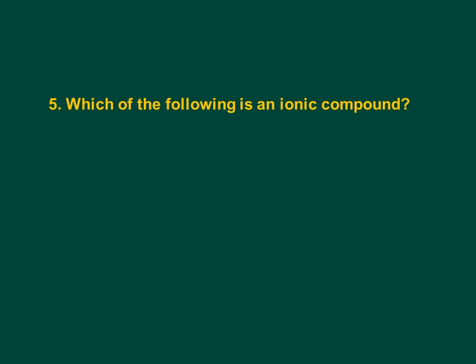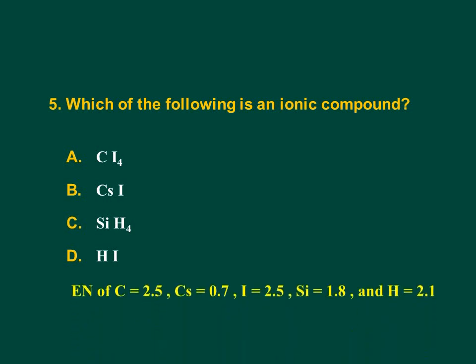Number 5. Which of the following is an ionic compound? CI4, CsI, SiH4, and HI. If you know that the electronegativity of carbon equals 2.5, of cesium equals 0.7, of iodine 2.5, of silicon 1.8, and for hydrogen 2.1.